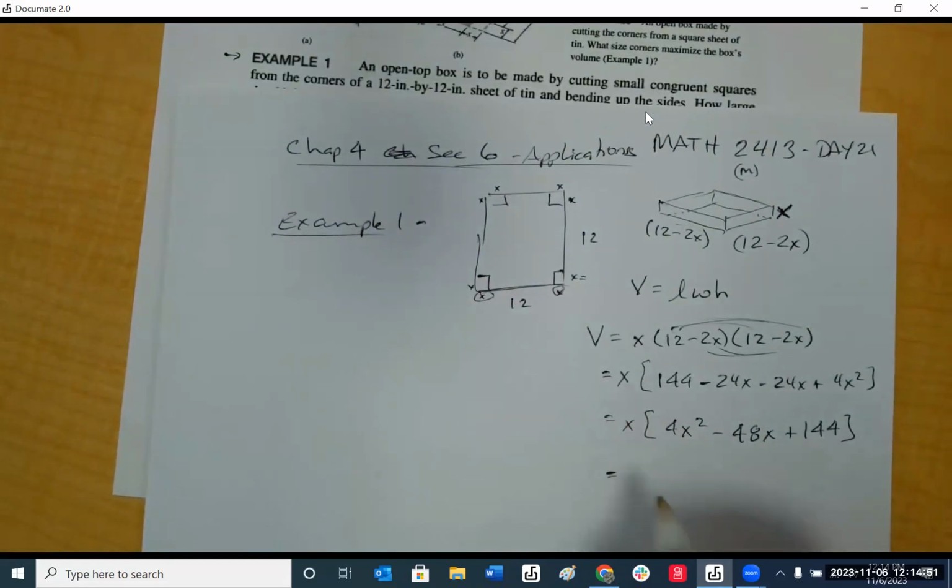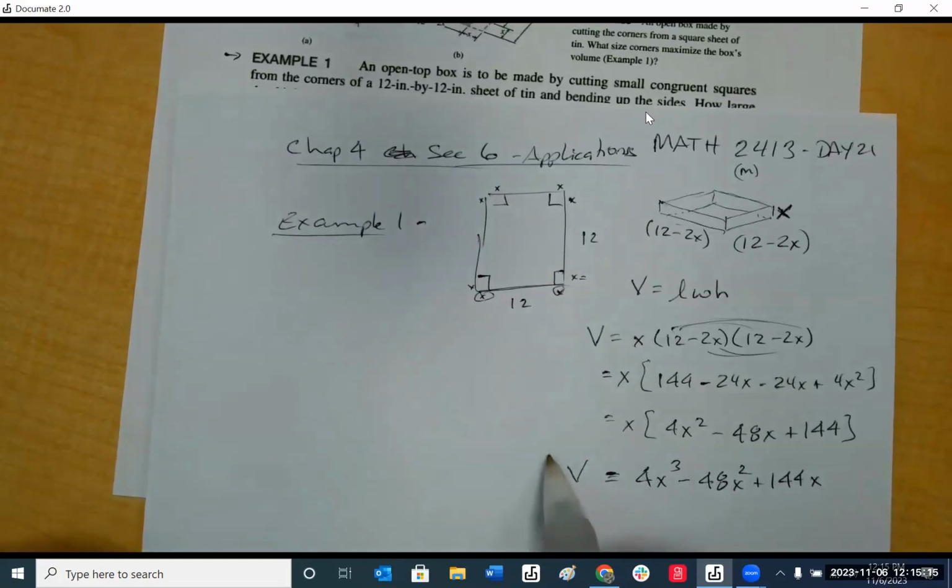And then distribute that. So our volume is going to be 4x cubed minus 48x squared plus 144x. Okay, that's our formula for the volume.